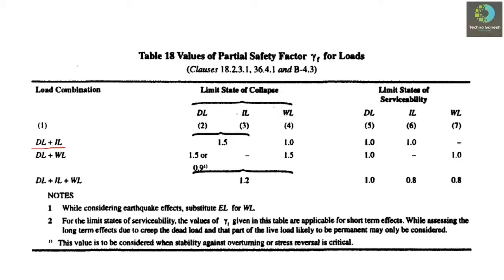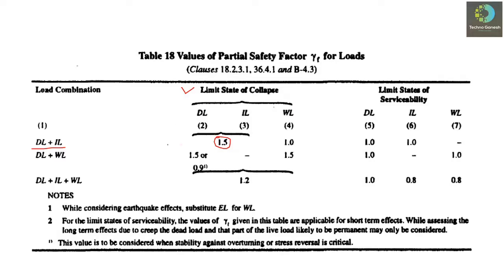So for these two combinations, we have to consider the partial safety factor as 1.5 for limit state of collapse, which we are discussing right now. For limit state of serviceability, this factor is only 1. So there is no need to update the value by this factor of safety. It will be automatically satisfied if your limit state of collapse is satisfied.